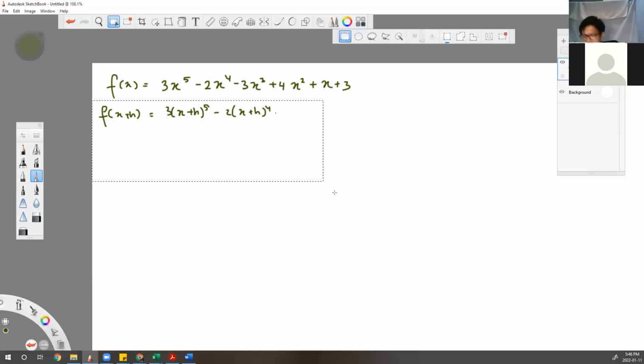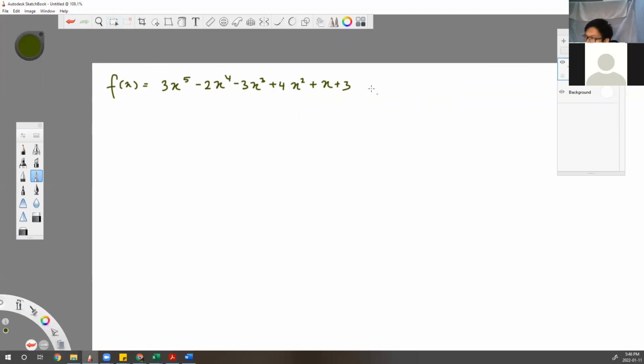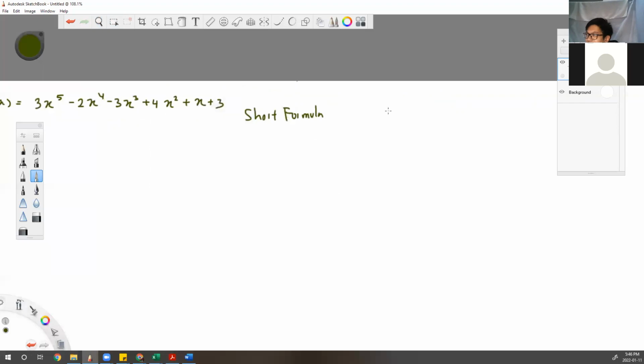I don't think your teacher has taught you this yet, because your teacher finished at 3D, exercise D, I mean. So here. If I have f(x) equals a times x to the power of anything, the derivative of f(x), or the gradient, or dy/dx, is a times n, you put the n below, times x to the power n minus 1.